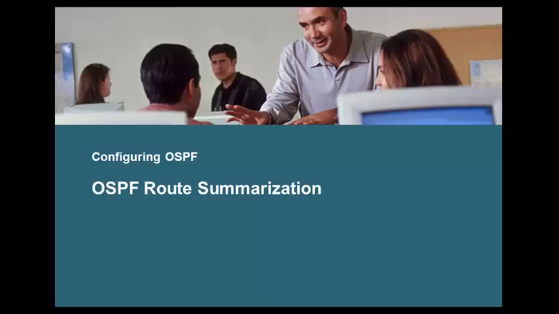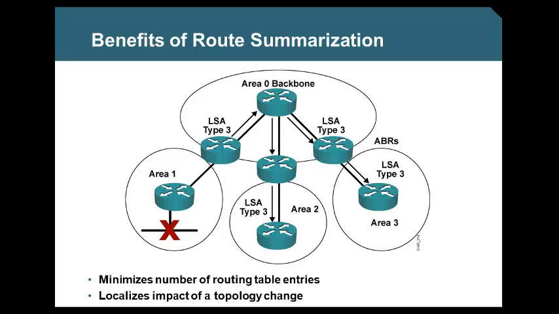And when you don't do summarization, if this link goes down, immediately everyone will get the update, which is a big disturbance. Even though we have divided into many areas, the three problems that we saw in the previous chapter, first page, they will be there. You understand?